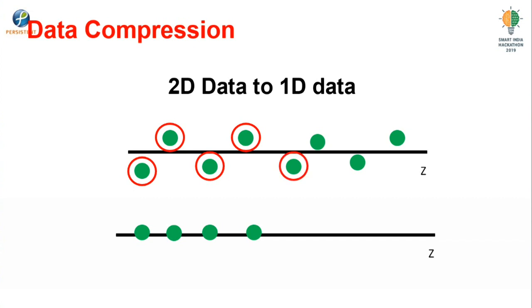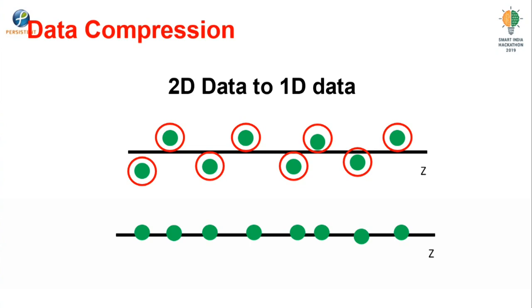So, effectively the new data on the z axis looks like this. So, we have some data which is 2D data, and now I am converting it into 1D data. For the initial 2D data I had coordinates x1 and x2. In the new representation I just have one coordinate, that is z1, z2, z3, and I can manage with half the number of memory locations. But then how do I reconstruct the data back?